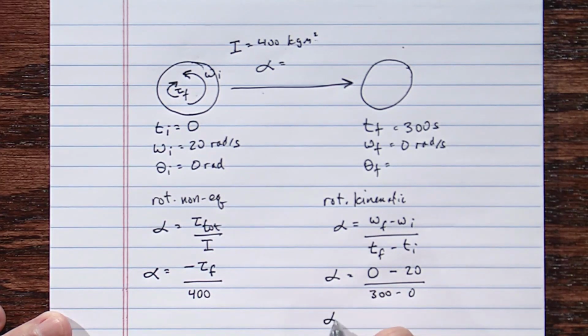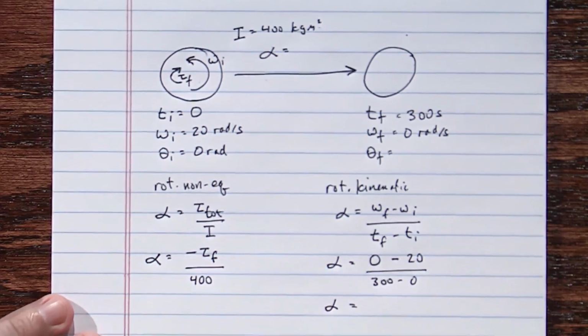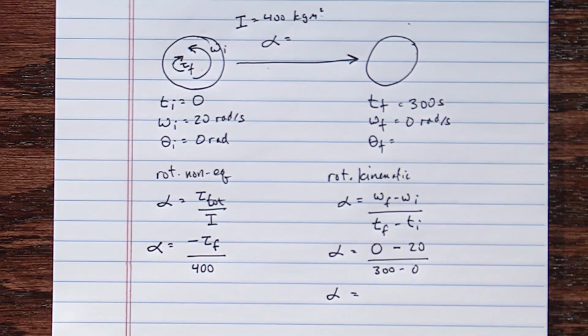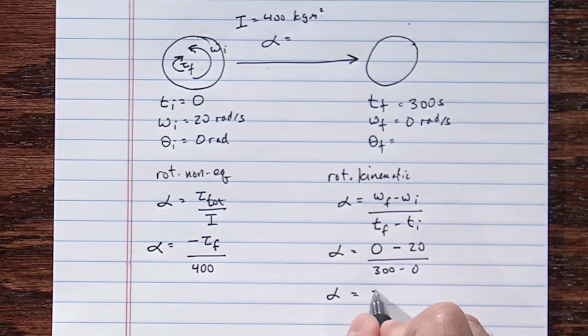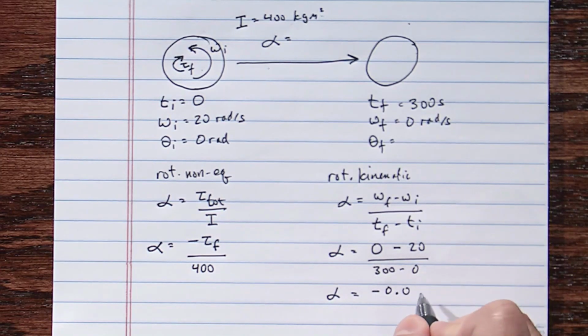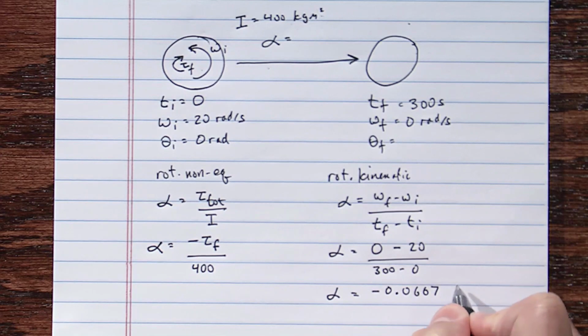That tells us that angular acceleration is equal to negative 20 divided by 300, which is negative 0.0667 radians per second squared.